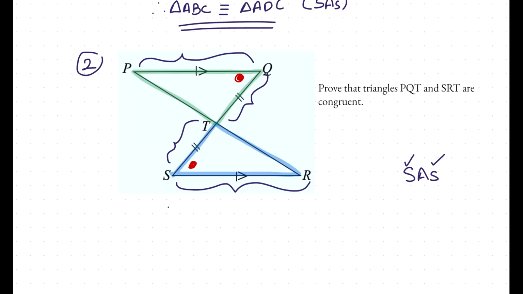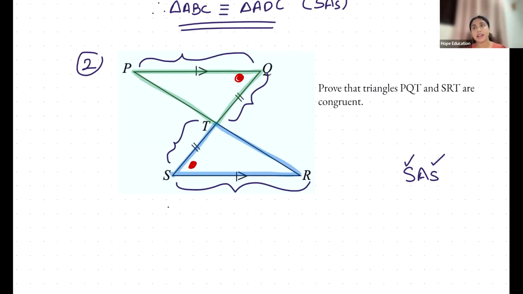Why? Because they're alternate angles. Okay, Basma says because they're alternate angles. Do others also agree or do you all have other reasons? Yes, good. Very good.